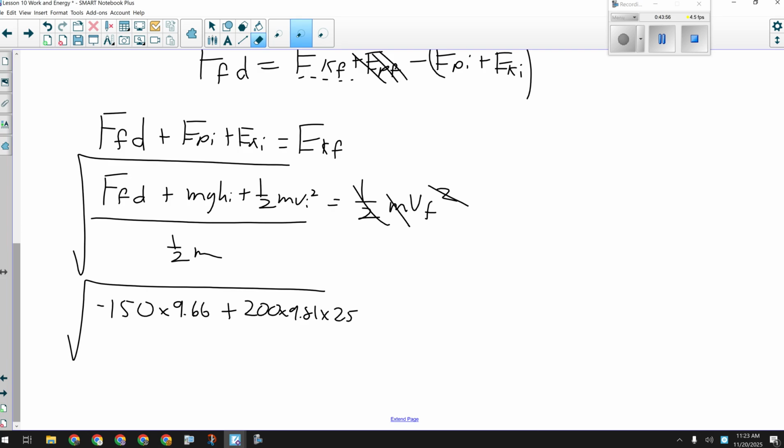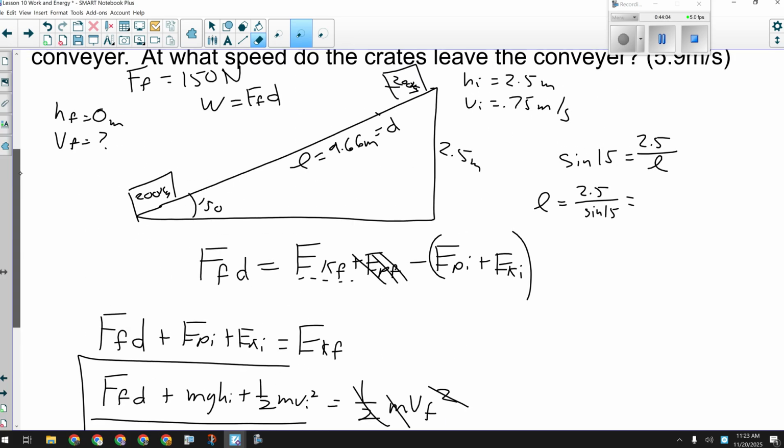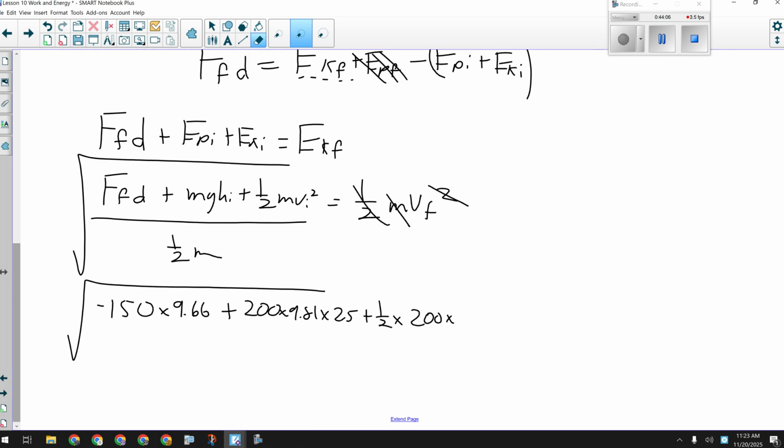Plus 1/2 times 200 times the initial speed, which was 0.75, squared. And then I'm going to divide all that by 1/2 times 200.